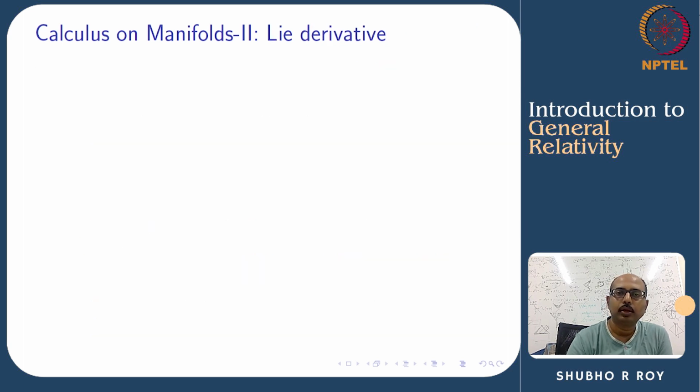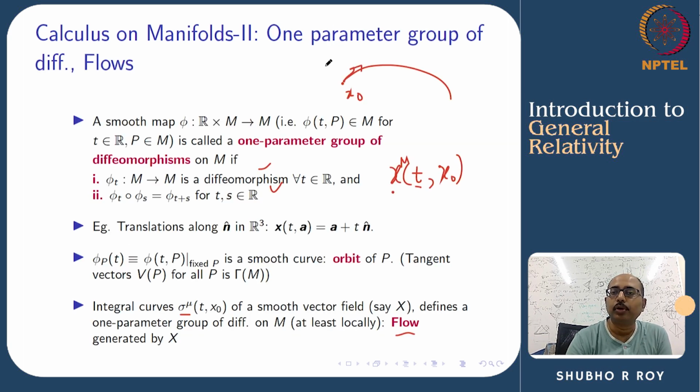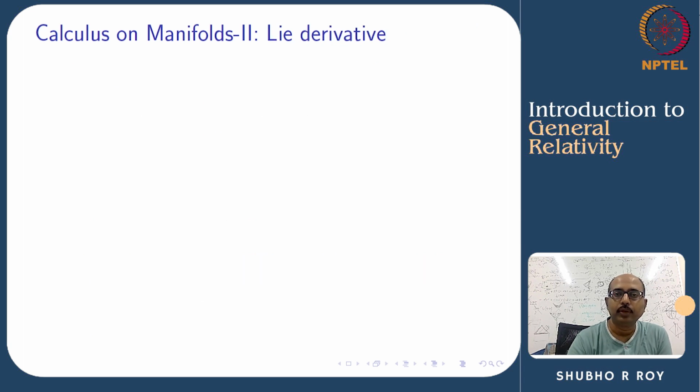Now, these flow maps are important because they lead to a notion called the Lie derivative, which is very important in general relativity. So this is what we do in the next slide.